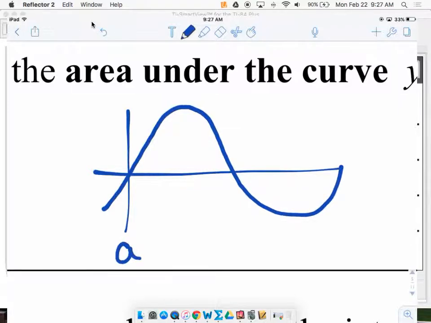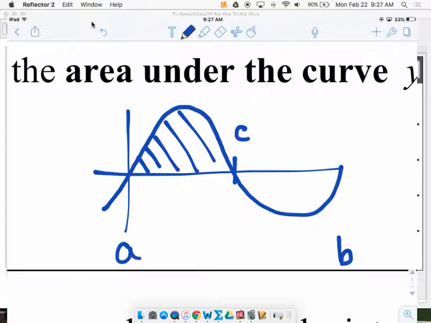So this is A, and this is B, right? We'll call that C. All right, so if I take the integral going from A to C, this region here would be above the x-axis, correct?